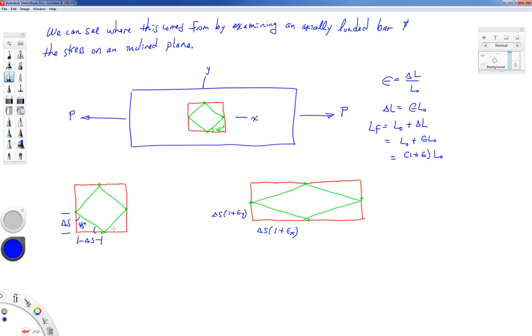Now these 45-degree angles change to be something different than 45 degrees. Those angles open up a little bit, and the value of the angle is going to be 45 degrees plus the shearing strain divided by 2.